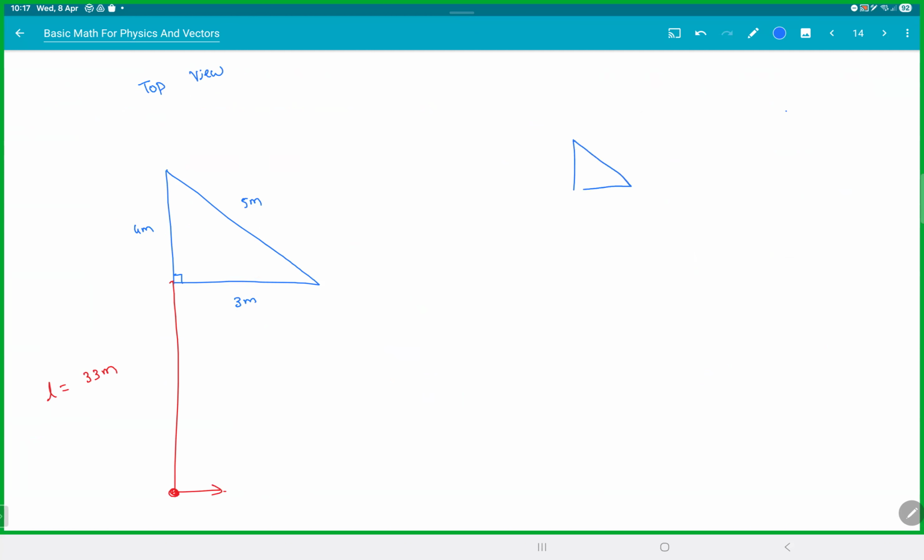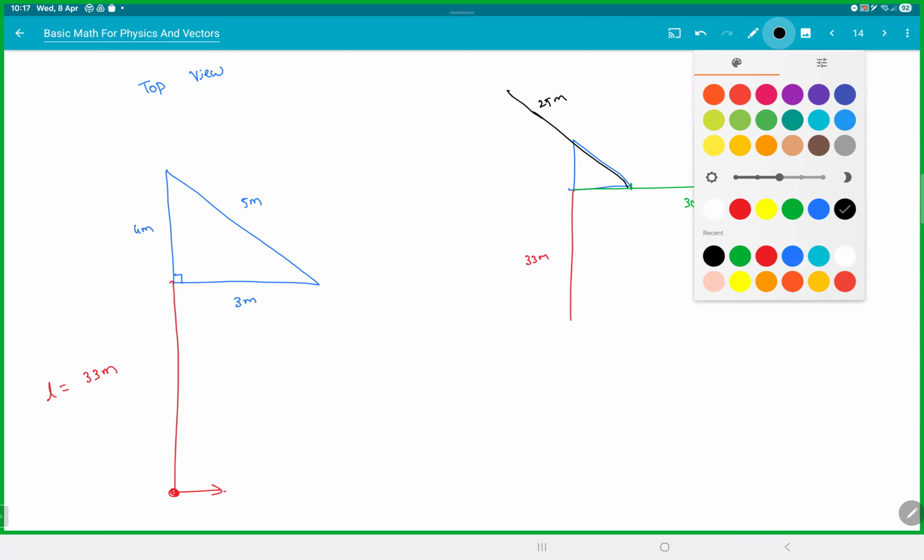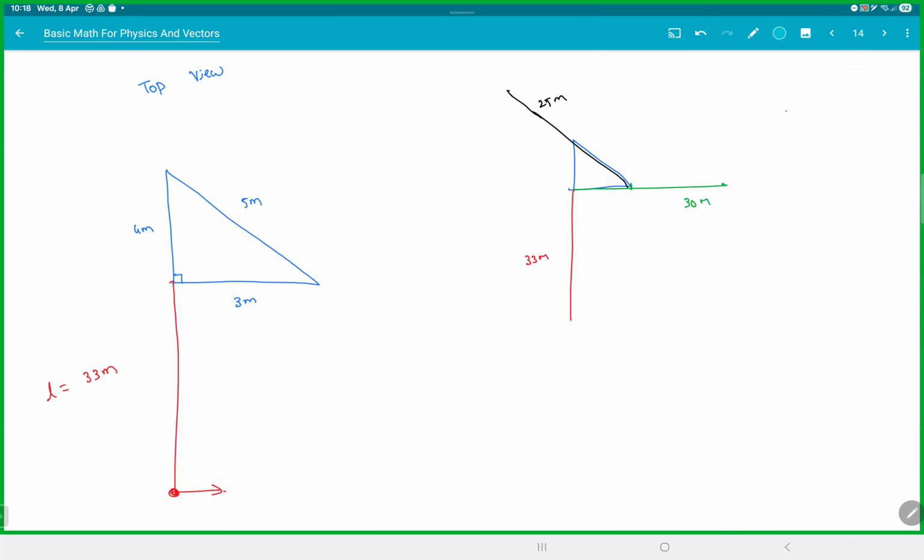So the triangle, you just have to calculate here. So the first time this is 33 meters. So when you go here, 33 minus 3, so this is 30 meters. Now this is 25 meters, so you lost 5 there. And then you lost 4 again.